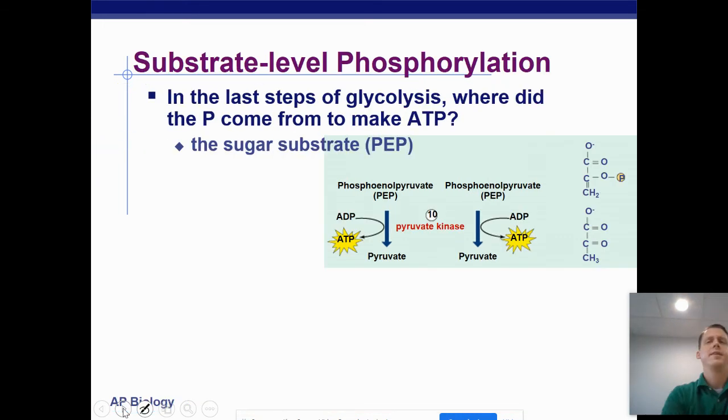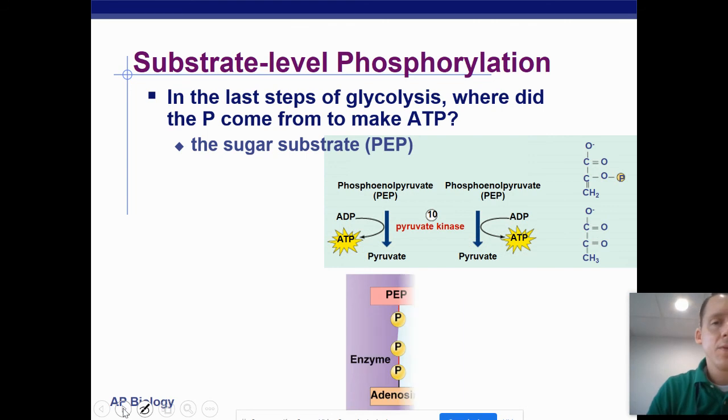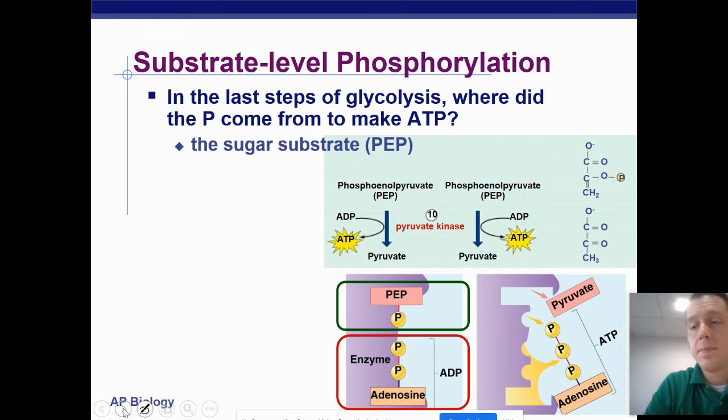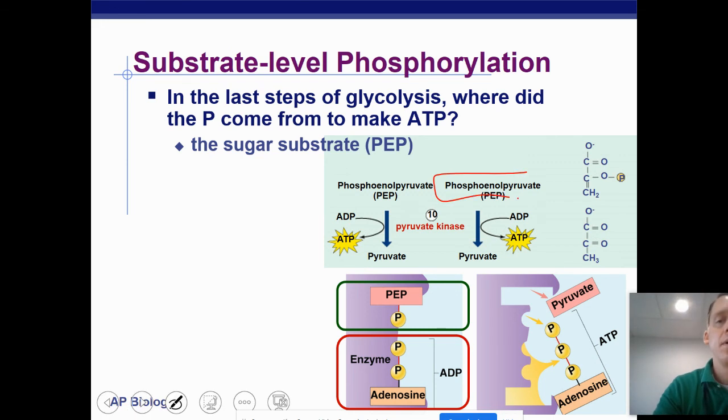So what exactly is substrate level phosphorylation? It just means we have an enzyme that's going to add a phosphate to ADP to make ATP. So that's going to happen in a chemical reaction. As part of that chemical reaction to turn PEP into pyruvate, that chemical reaction is going to facilitate the making of ATP with the help of an enzyme.